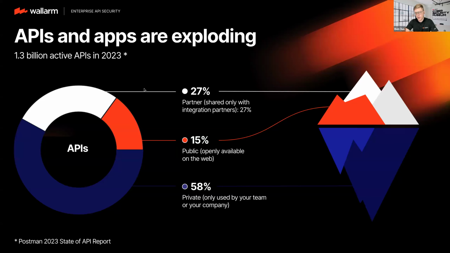Starting with the API space, I just wanted to highlight this number. This is 2023, and we have discovered that there were more than 1.3 billion active APIs even a couple of years ago, and obviously it has expanded even more since then.